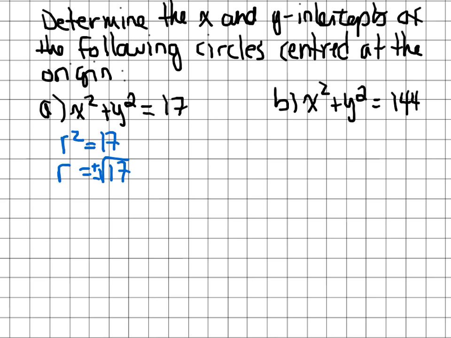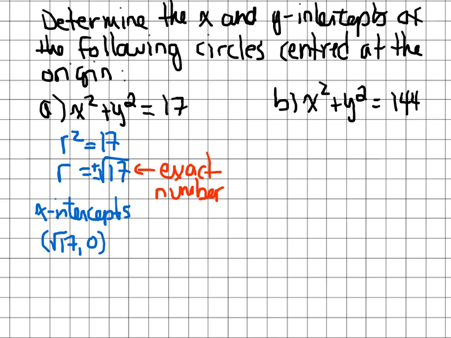So as I mentioned previously, because we don't have a perfect square root, this is an exact number. And we don't need to take the square root and round it, because this will work perfectly. It's an exact number. So we have our two x-intercepts at (√17, 0) and (−√17, 0).